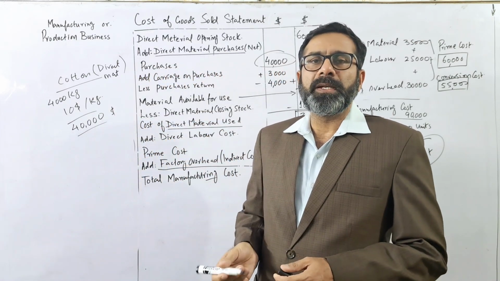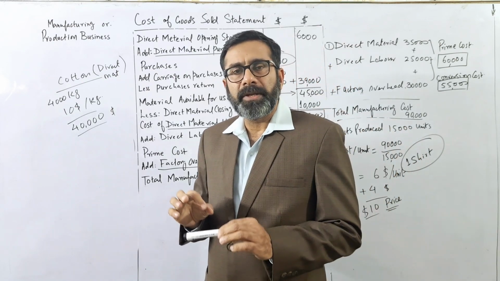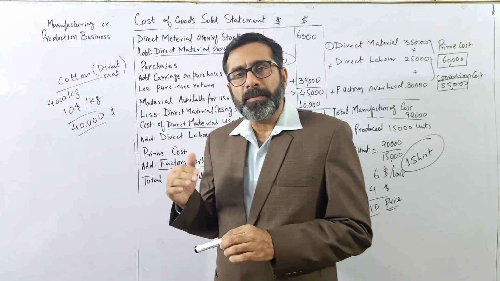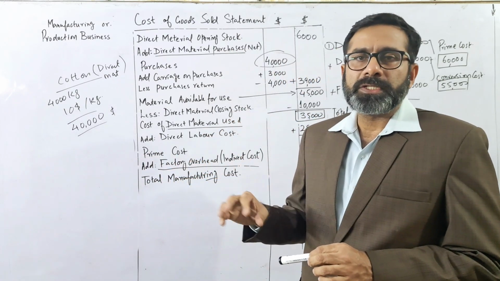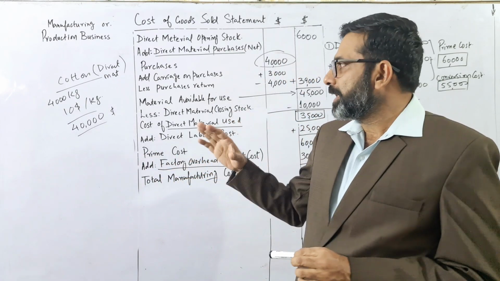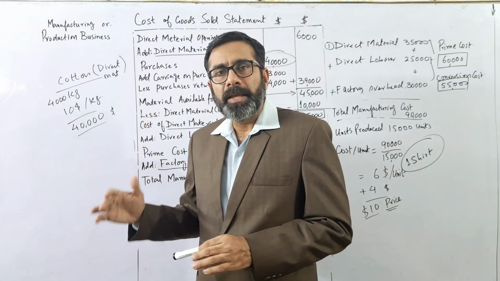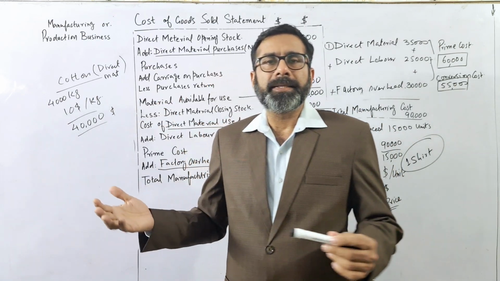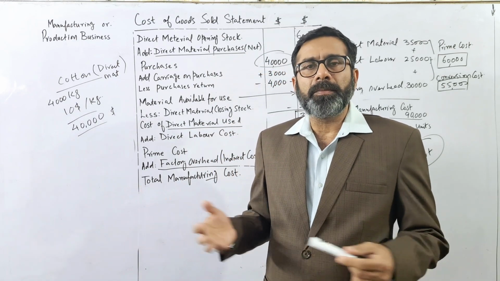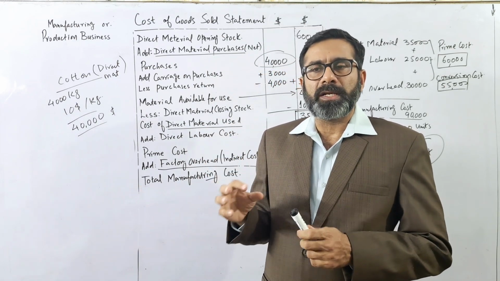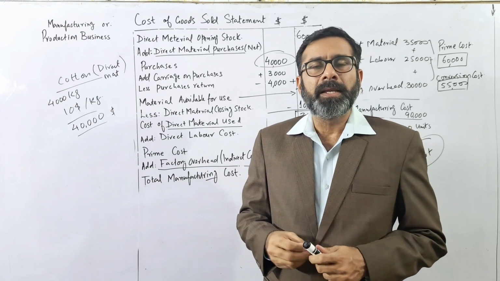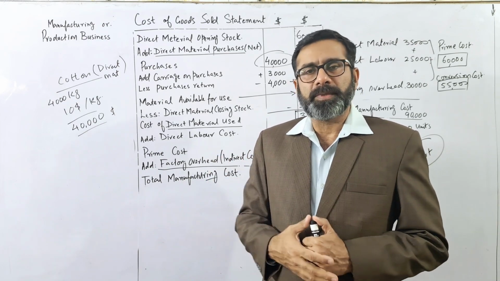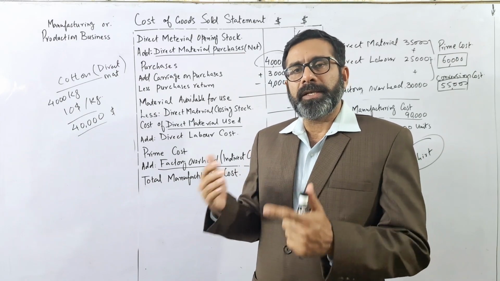Now there is a possibility that there is some defect or it is not up to the quality. So some of the units or some of the kgs they have purchased, they may be returning back. It is called the purchase return. It is normal business practice. Some of the product which they have purchased from the supplier has some quality issue, or it is not according to their specification, so they are returning it back.